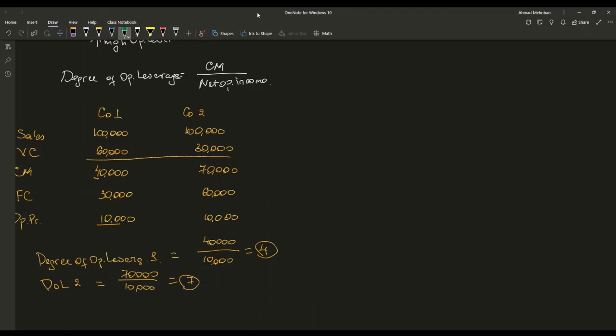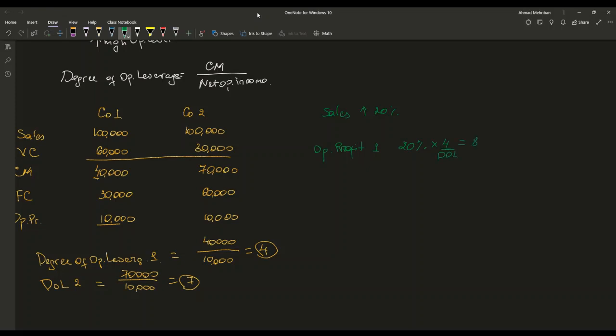So let's say that in both of these companies' cases, sales has increased 20%. What does it mean? How will that affect the operating profit? The operating profit of company one will increase 20% multiplied by 4, where 4 is the degree of operating leverage.